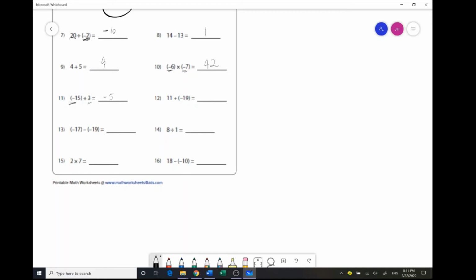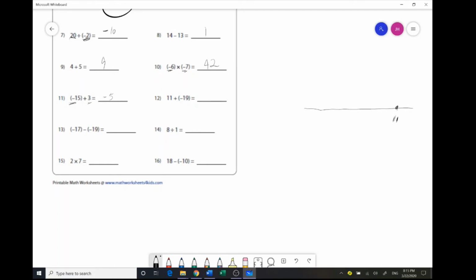Okay, number 12. 11 plus negative 19. If you want, draw yourself the number line as well. Positive 11 is here. And you have to move 19 units to the left because I'm adding in negative numbers.